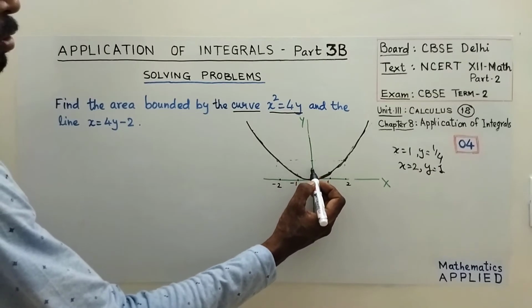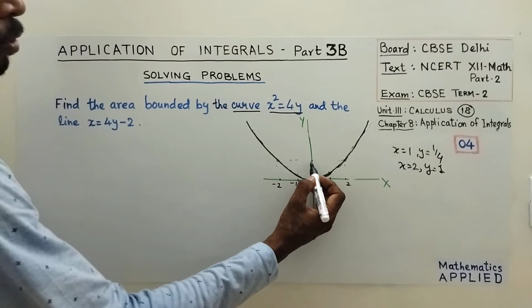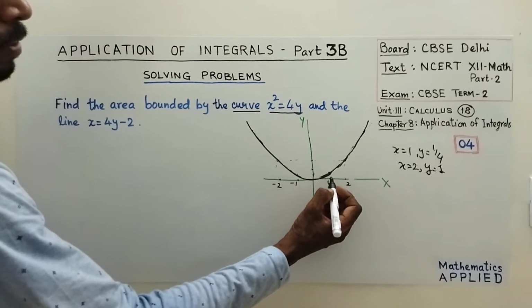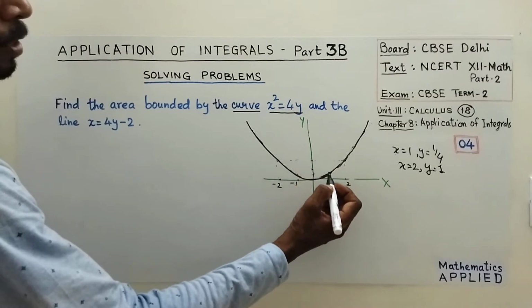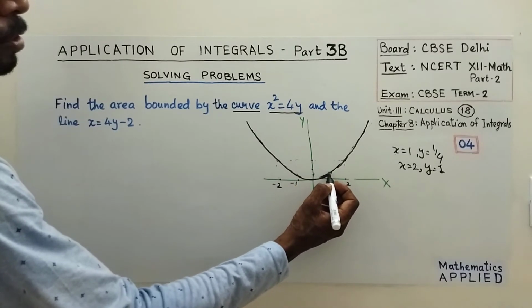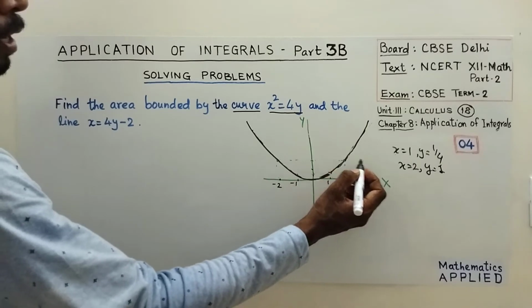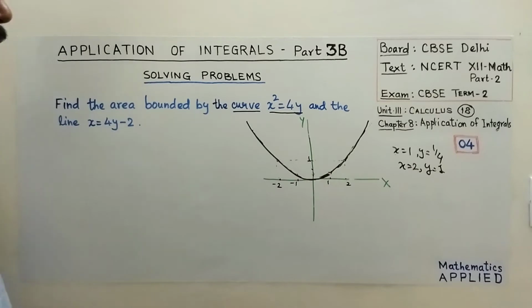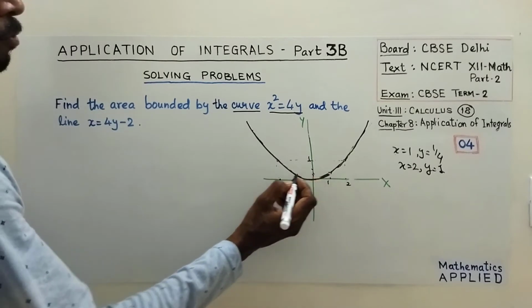Okay, so this point is going to be 1. So therefore, for 1 it is 1 by 4. So this is 1 point, and for 2 it is 1. So therefore, I have taken this. So this is actually 1, right? And this point is 1 by 4.